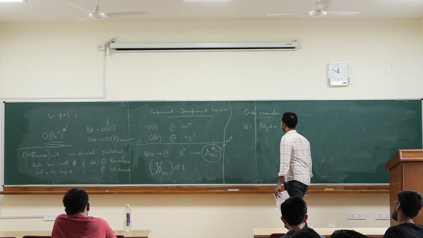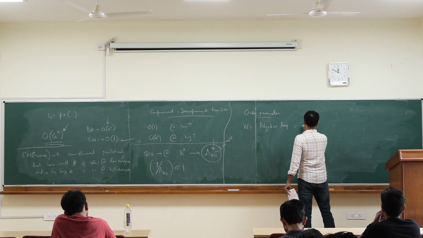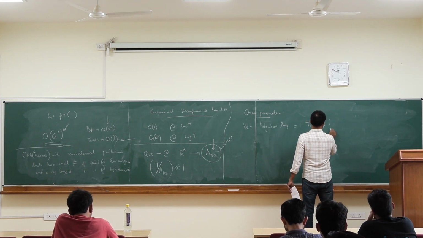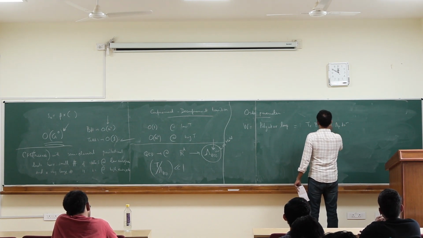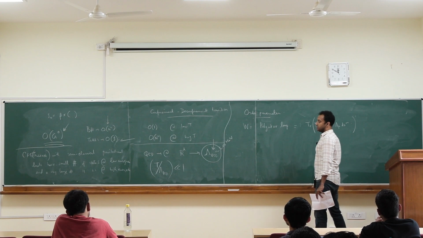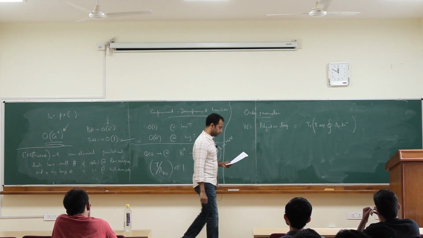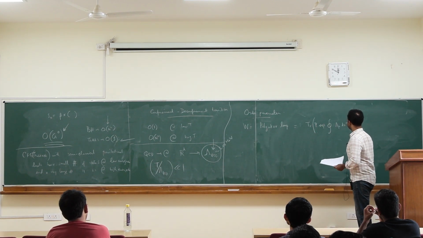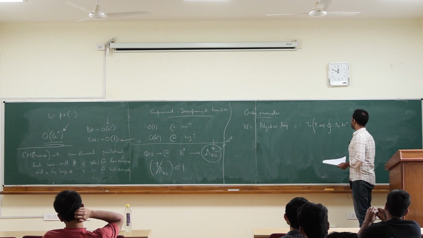This Polyakov loop is nothing but, if you have a gauge field, this is what I mean by the Polyakov loop. The path ordering and so on don't really matter.